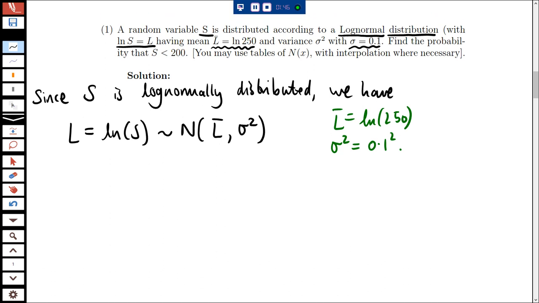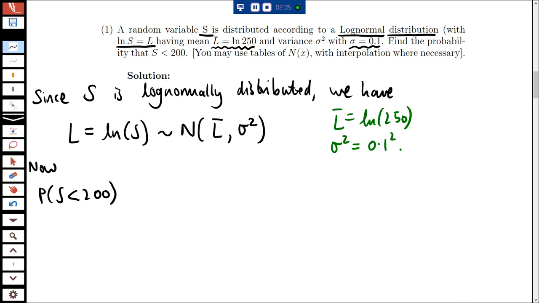Okay, we need to find the probability that S, so maybe this is the share price, S is less than 200, so maybe the share price is less than £2, something like this.